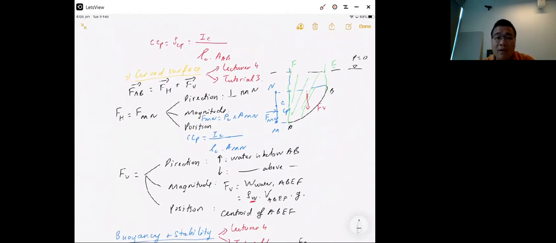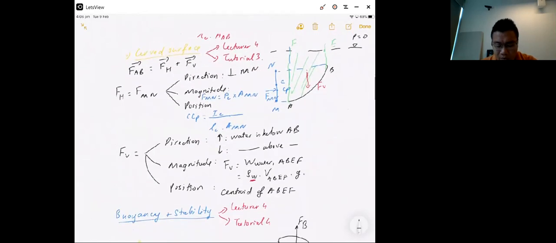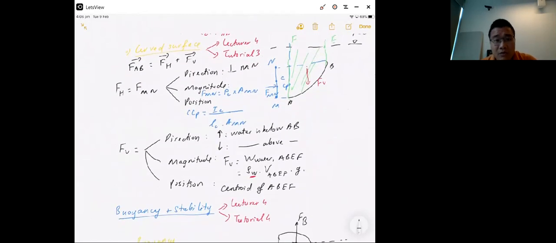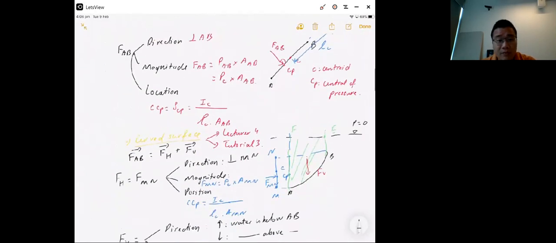The horizontal force applied to the curved surface AB equals the force applied to the plane surface MN, so Fh equals F_MN. You can find F_MN based on force on a plane surface: direction, magnitude, and position. It is similar to force on a plane surface.